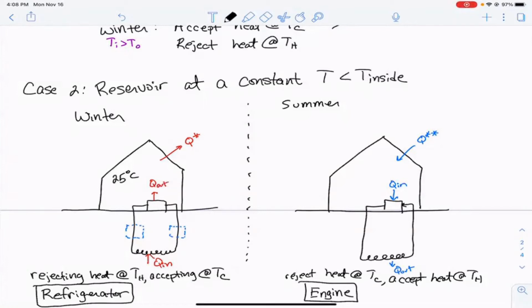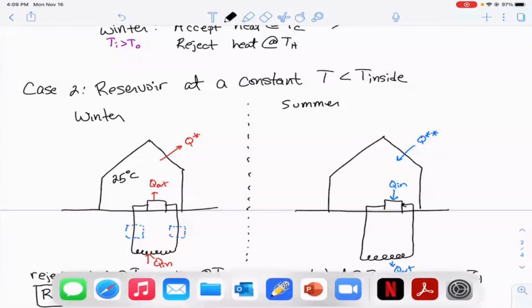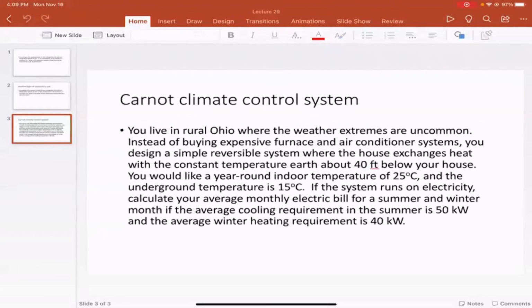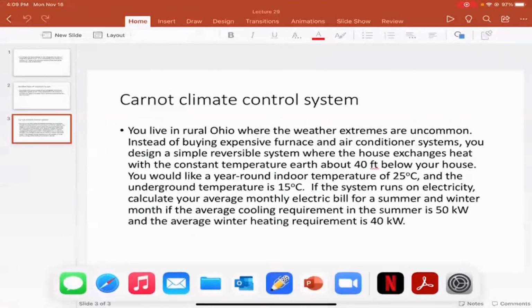And so when we go about trying to solve the problem here, where we have a heating load and a cooling load given this underground reservoir, we have to think about, well, in the summertime or the wintertime, are we running a heat pump or are we running an engine, right? Or are we running a refrigerator or are we running an engine?